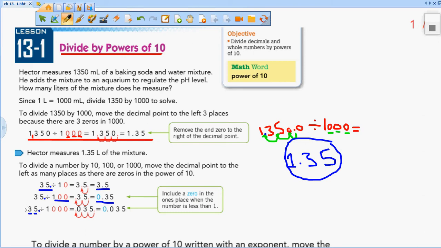I am going to add another zero. So you have to add zeros here because there are not enough numbers to move our decimal point. So 1, 2, and 3. So the decimal point becomes here. Okay, boys. So the answer is 0.035.